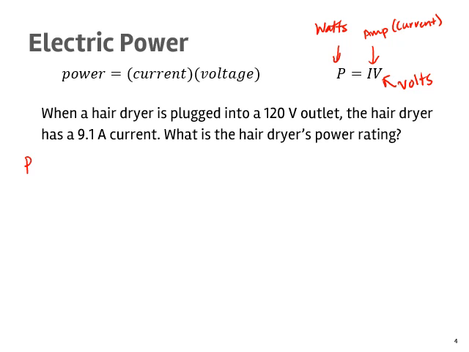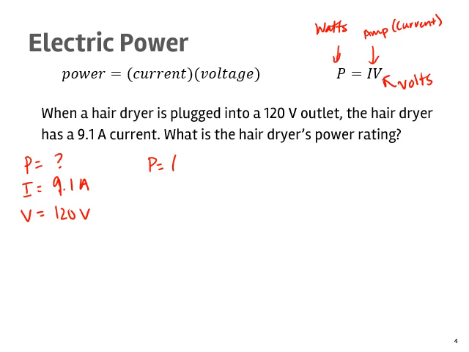Again, we have our variables here. It's asking us to solve for the power rating. In terms of the current, it gives us 9.1 amps, and we are plugged into a 120 volt outlet. All of our units are in the correct format here. We don't have to do any unit conversions.